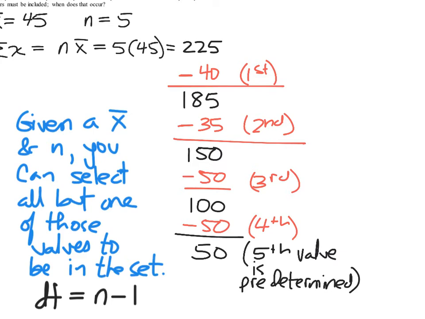And then that would make the last value 221, necessarily, in order to average out to 45, sum up to 225. That's going to have a way different distribution than the values that I selected here, which are all generally centered in the 40 to 50 range. I could have spread it out even more. I could have kept it more tightly organized. I could have made them all 45 if I wanted to.